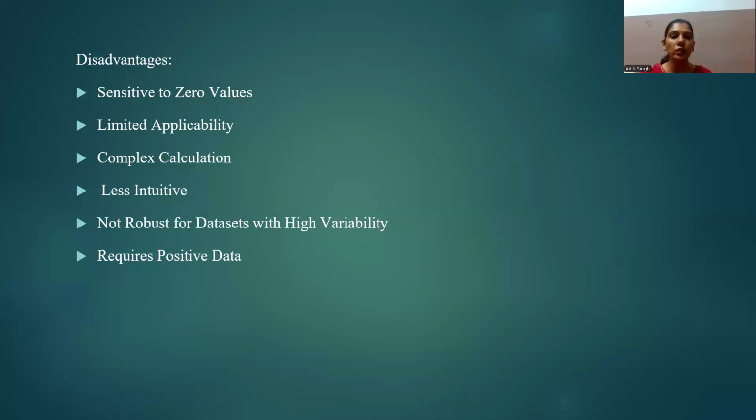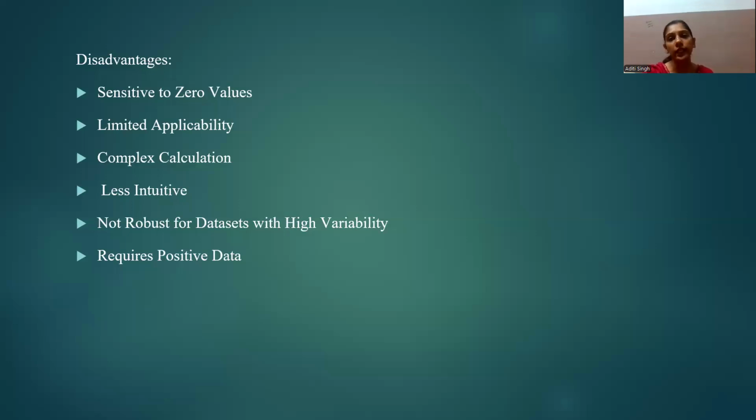Next is not robust for data sets with high variability. If a data set has high variability or very high values, a harmonic mean might not be robust and can produce misleading results.